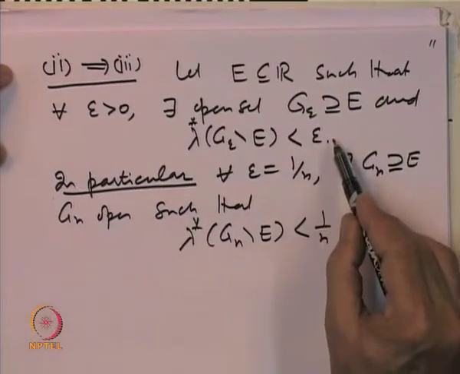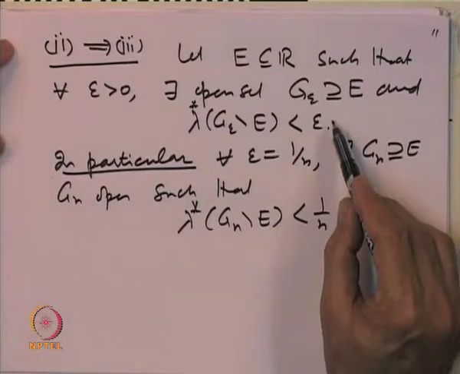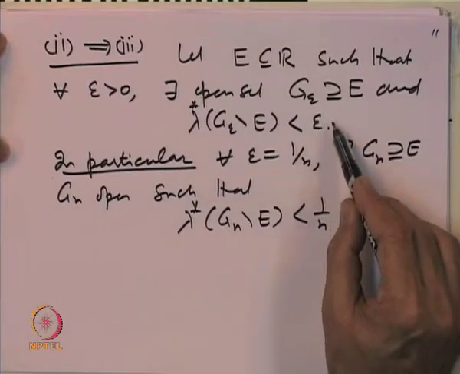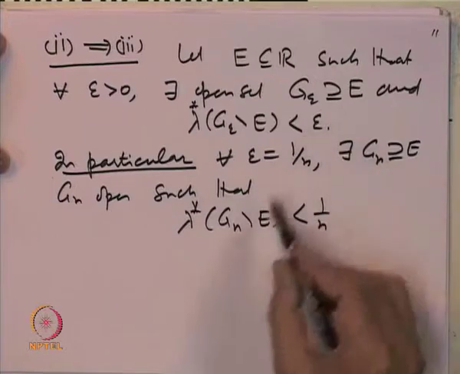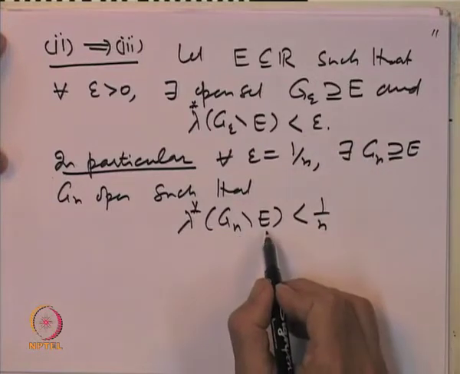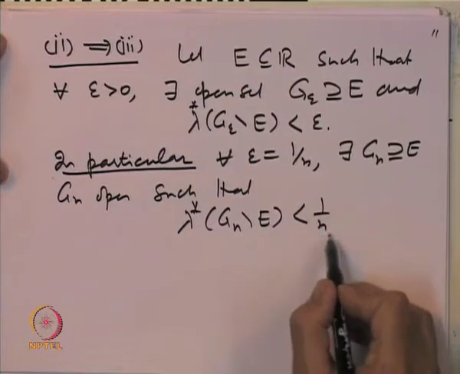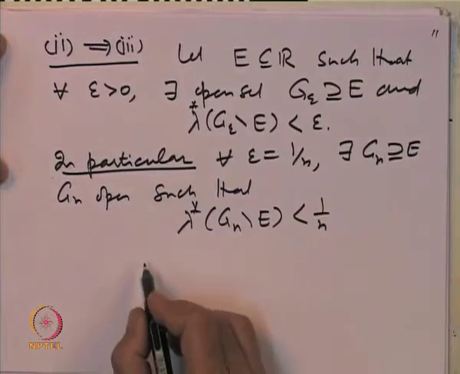So, we have specialized this given condition for each epsilon equal to 1 by n, and we got an open set G n which includes E. And now, because we want it smallest, we want to let this become smaller and smaller.